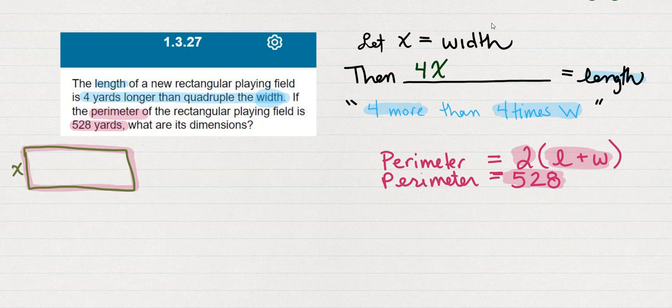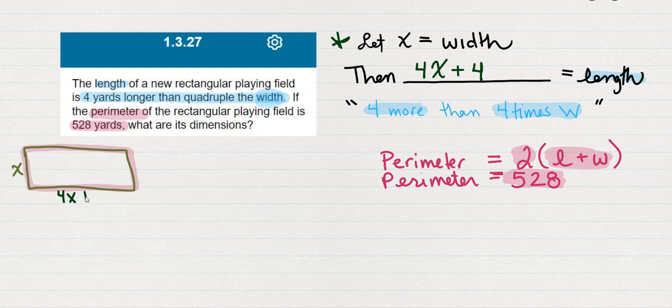The first step, after I read and understand the problem, is to define the variable, and I'm going to actually write that definition. Let x equal the width, then 4 times the width plus 4, so 4 more than 4 times the width, is the length.